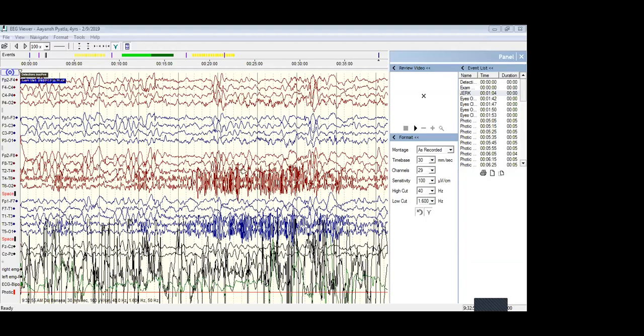Shailesh, are you able to see the screen, EEG? No, sir, not. Now something is happening. Yes, now it is there. Are you able to see? Yes.